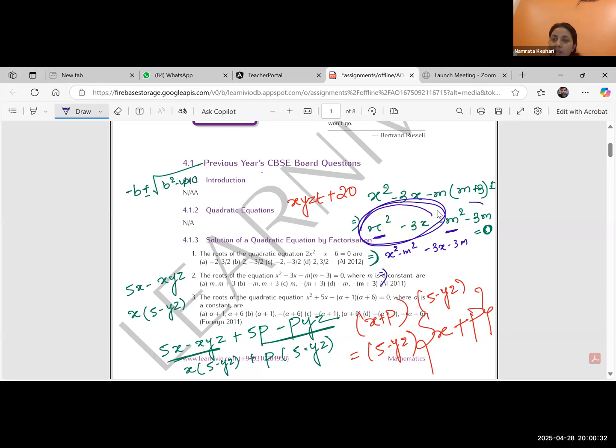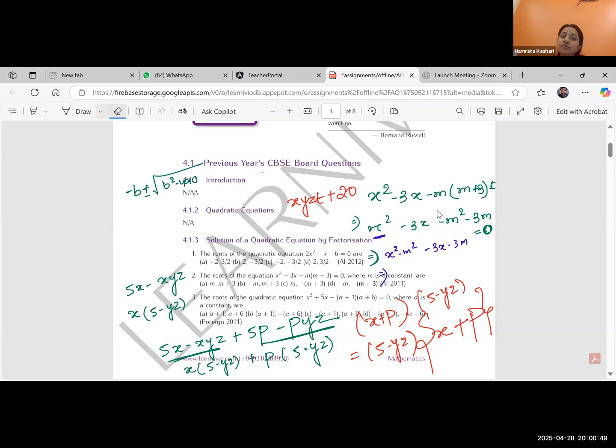And here m is common, and the bracket will be m plus 3. So both brackets need to be the same, right? Then only we can be assured that we are on the right track. So here we need to arrange it. Sometimes it happens that we don't arrange and it's fine, but this is where we need to arrange it.